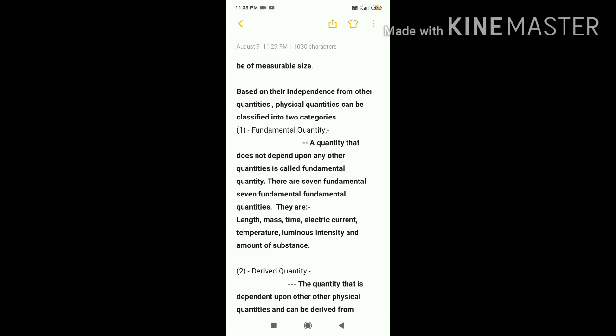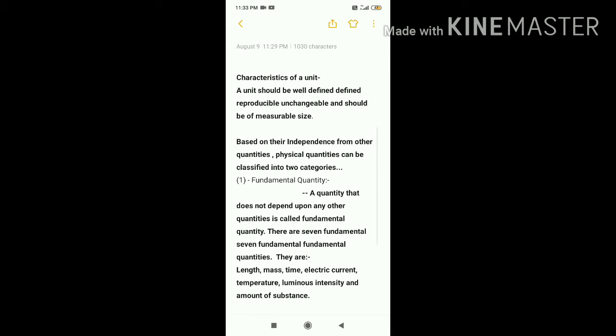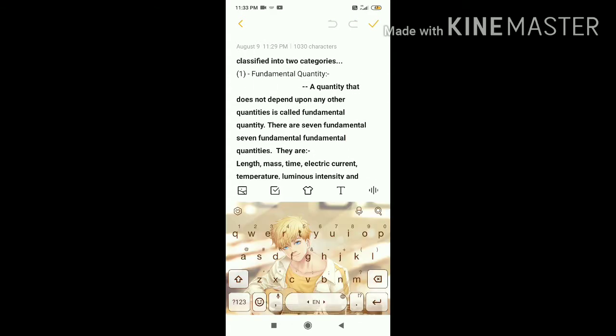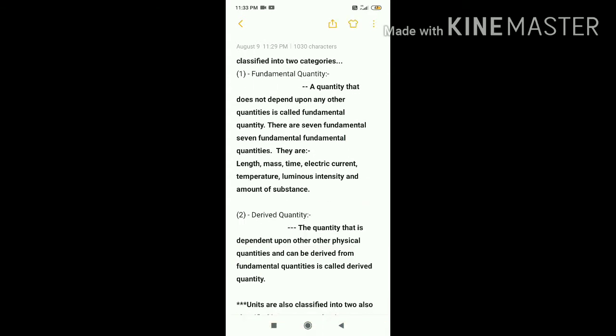Now let's deal with derived quantity. The quantity that is derived from the fundamental quantities and other physical quantities is called a derived quantity. There are many derived quantities, such as volume and motion, that are combinations of fundamental quantities. For example, take force.